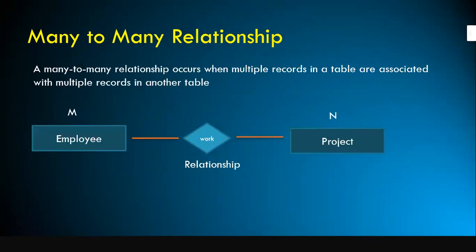The next one is many-to-many relationship. Many-to-many relationship occurs when multiple records in a table are related with multiple records in another table. An employee can work on, many employees can work on a single project. Similarly, in multiple projects, more than one employee is working. You understood?